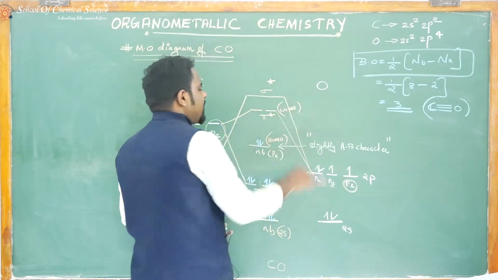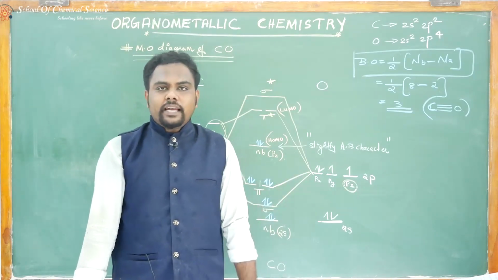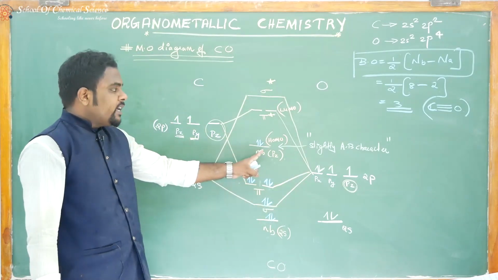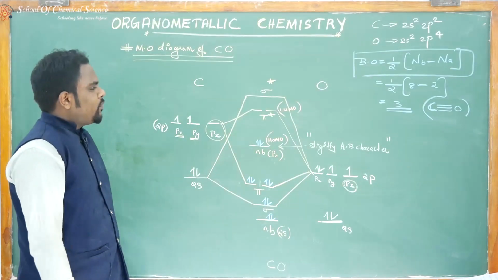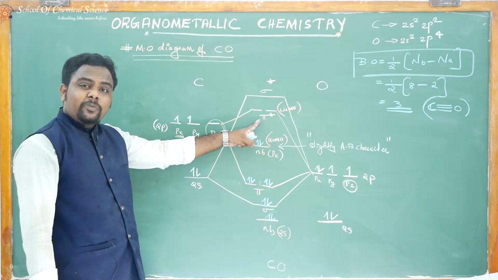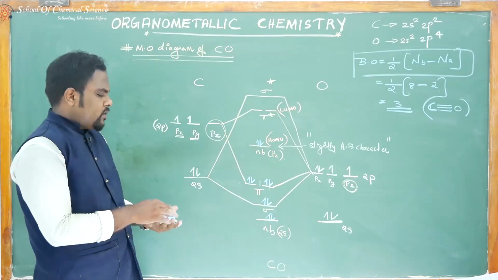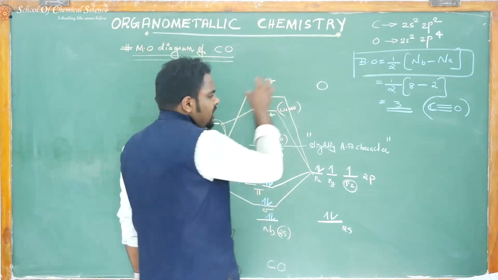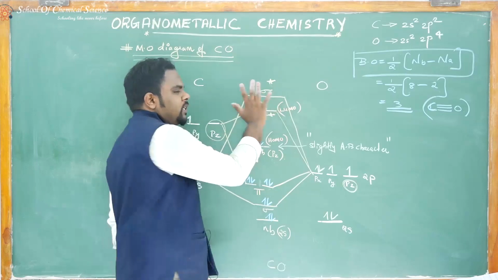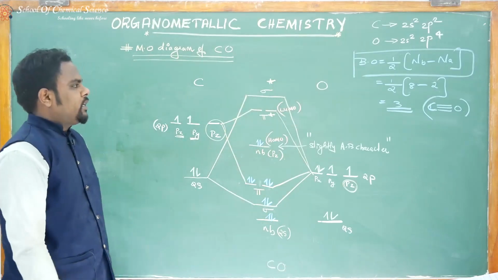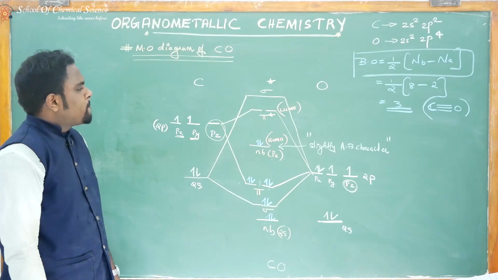Carbon monoxide having vacant pi star orbital, hence it is a pi acceptor ligand, but its HOMO has slightly anti-bonding character. So this electron density is donated to the metal, and the electron density from the metal is accepted into the vacant pi star orbital. So that's about the MO diagram.